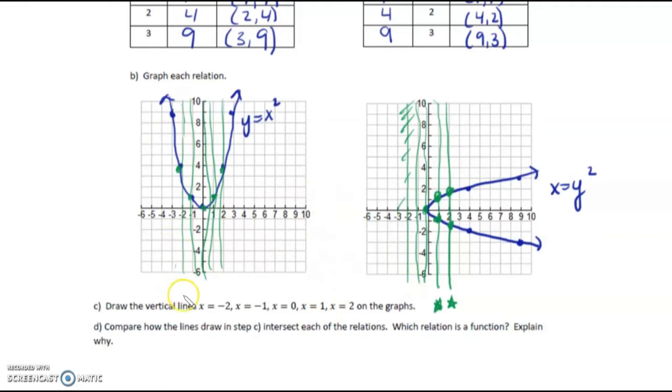So we call this the vertical line test, where if we can put a vertical line through a graph and it only hits it once at any single point, then this is a function. The fact that at 1 and 2, our vertical line hit this graph twice, this is not a function.